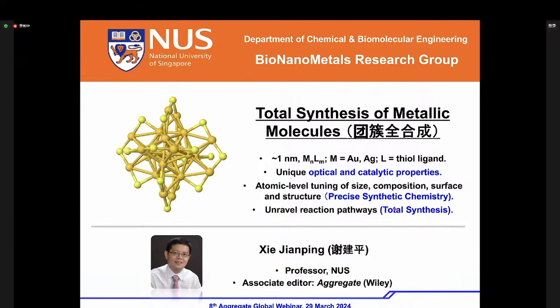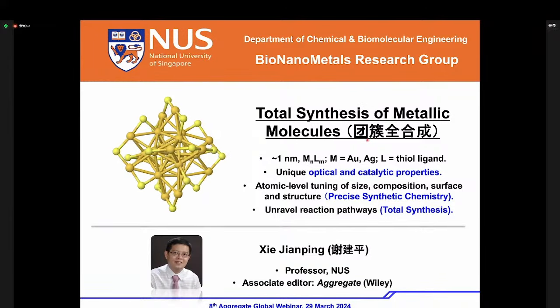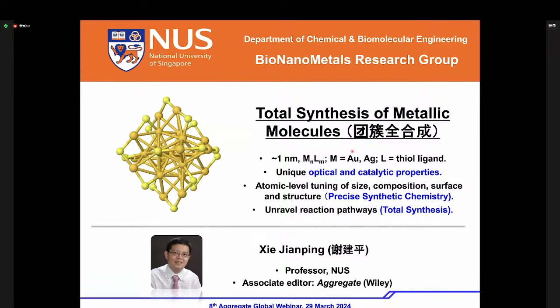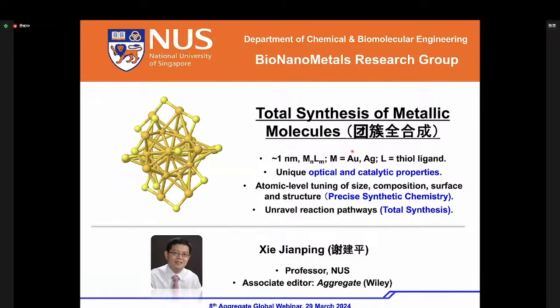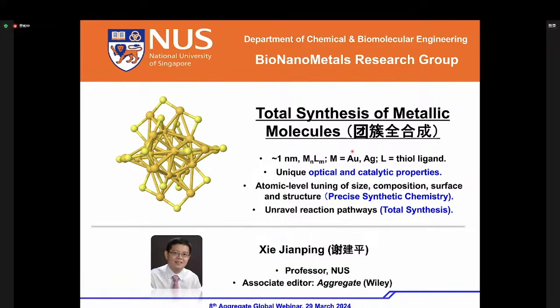My discussion is more on the chemistry part, so it's about materials. Hopefully this can enhance some collaborations and I can convince you that this is a very promising material that can be used for bioimaging applications and also for other biomedical applications.